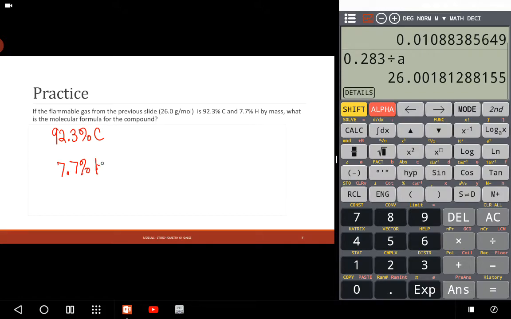So if we had 100 grams of this, we would have 92.3 grams of carbon and 7.7 grams of hydrogen. Then we convert each of these into moles.